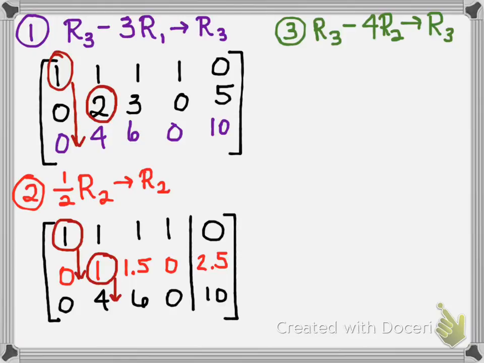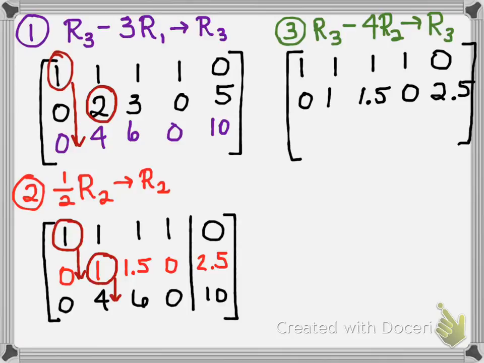That means that row 1 and row 2 stay the same, and I replace row 3. Actually I end up getting all zeros when I take row 3 minus 4 row 2. So that's equivalent to the equation 0 equals 0. That meant that row 3 was just a multiple of row 2, and many of you might have seen that from our very first step.